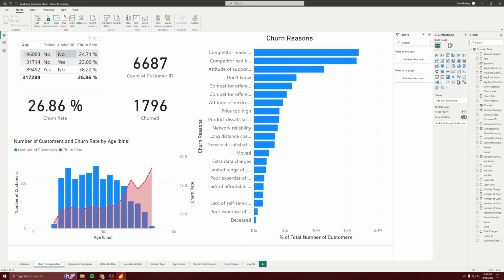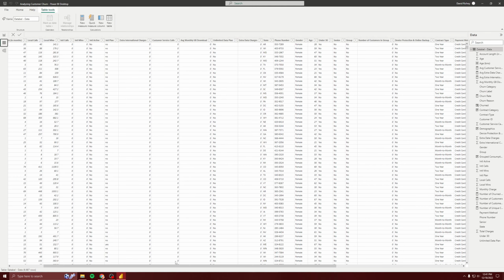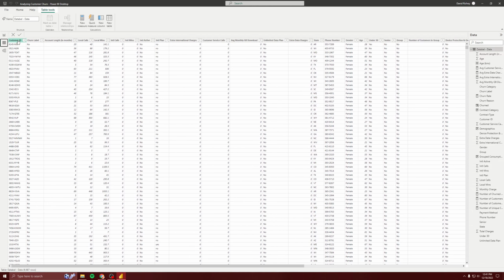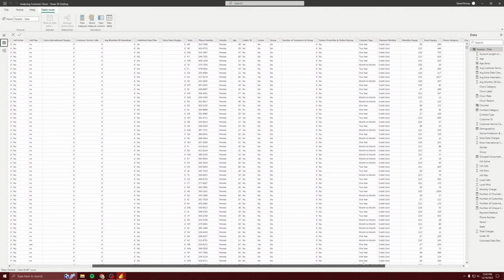So here we have this matrix that splits up the demographics by, okay, that doesn't look right. This number is age. Let's go look at the data. So we have customer ID, churn label, account length, months, local calls, local minutes, state.